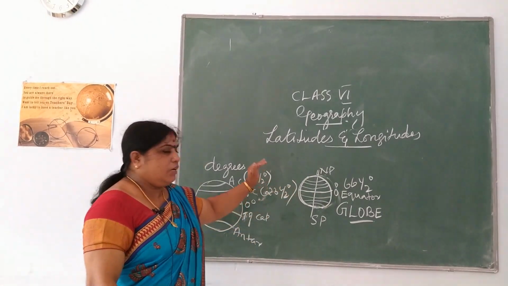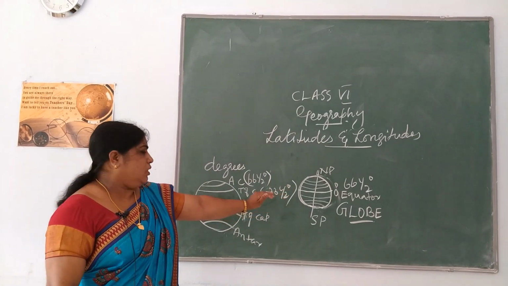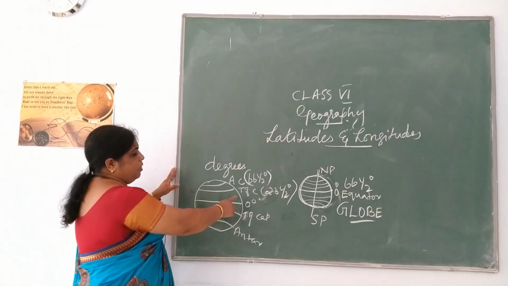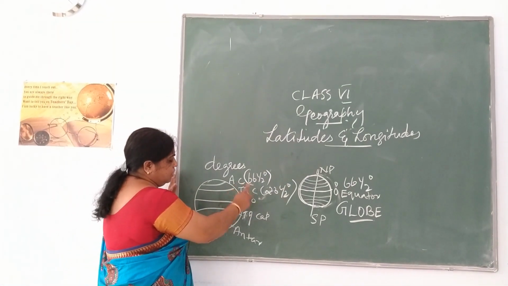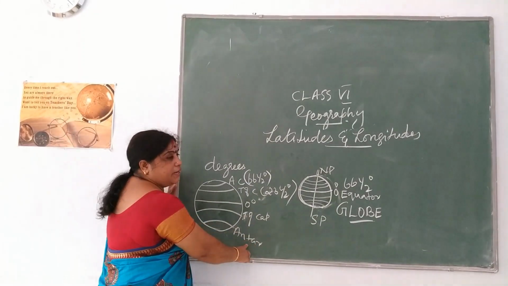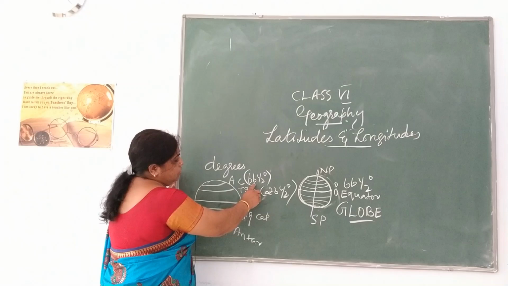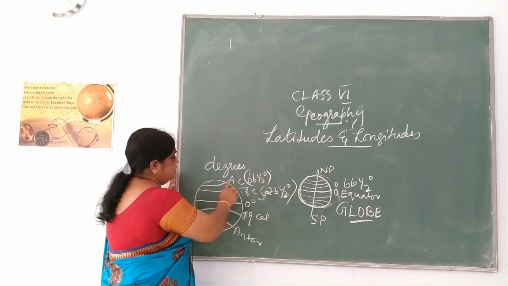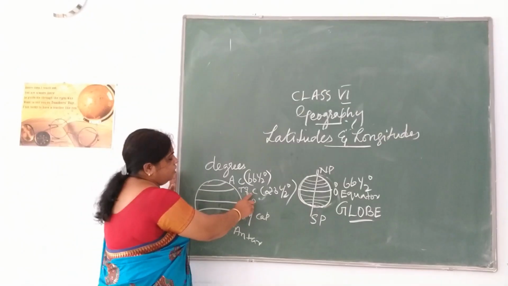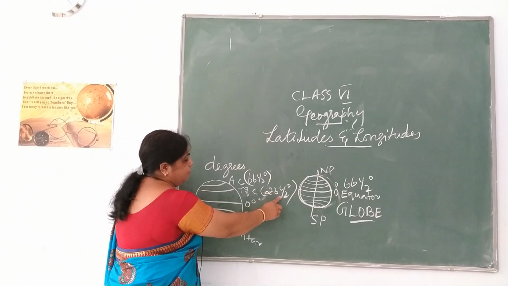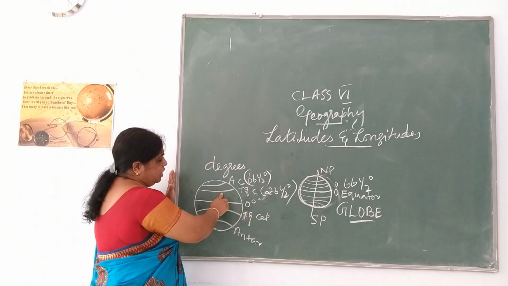There are four important parallels of latitude. They are the Tropic of Cancer, Arctic Circle, Tropic of Capricorn and Antarctic Circle. The Arctic Circle is at 66.5 degrees, which lies near the North Pole. The Tropic of Cancer is 23.5 degrees north, which lies in the northern hemisphere.